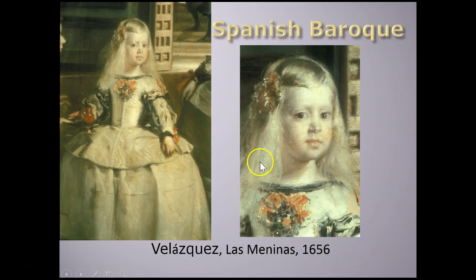So here you can see this effect, the close-up of the girl, and you really do see the softness of the brush strokes. And again, what they mean by this is knowing that lights and darks aren't really placed next to each other.